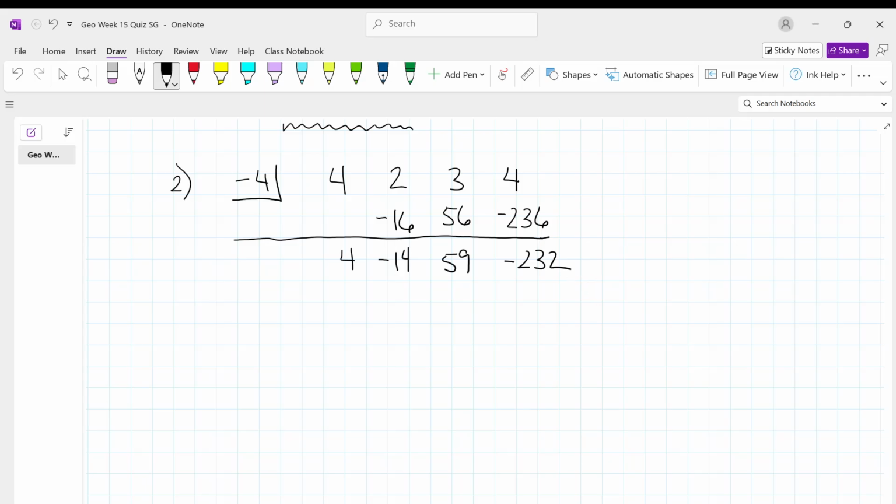So again, this is our remainder. So when we divide, our quotient is 4x squared minus 14x plus 59, remainder negative 232.